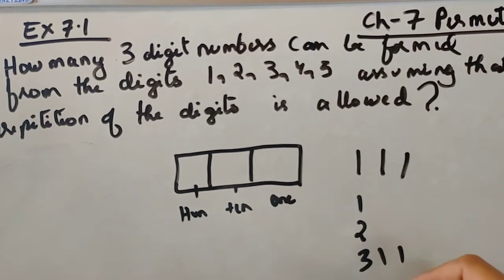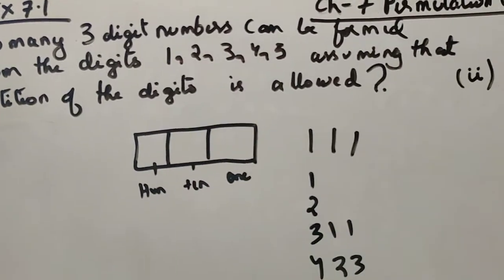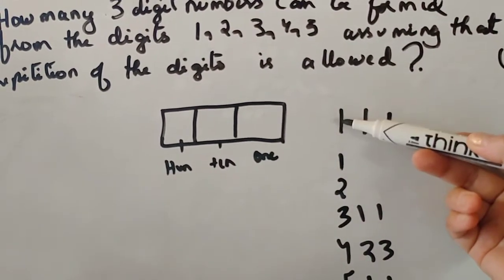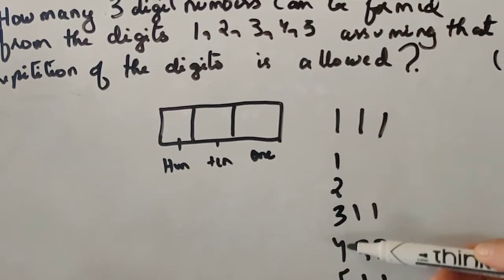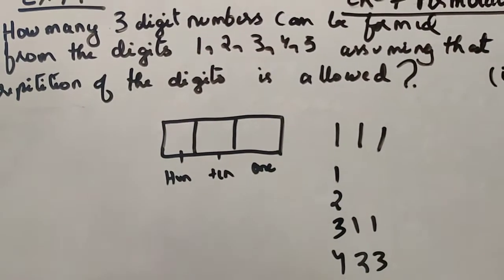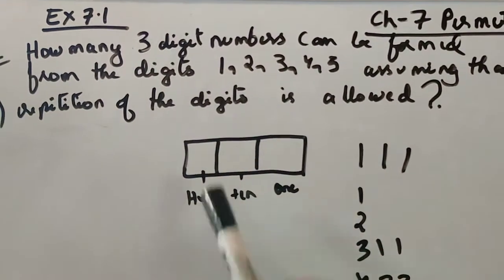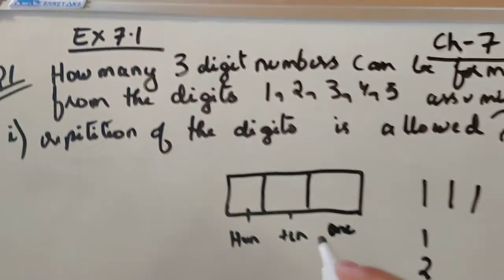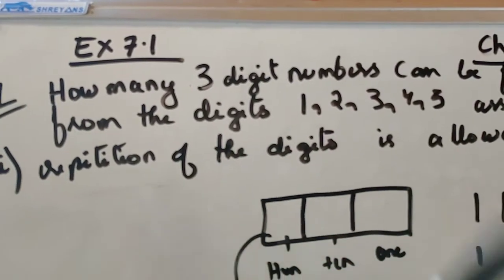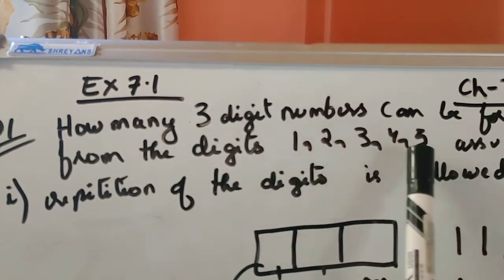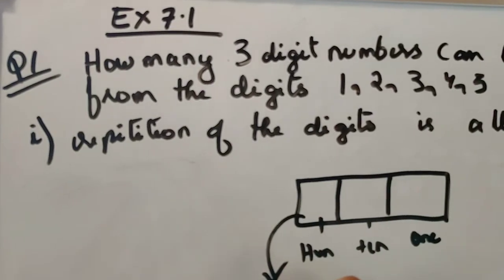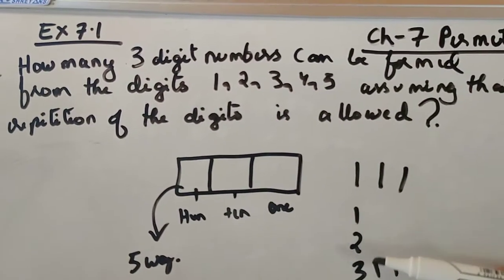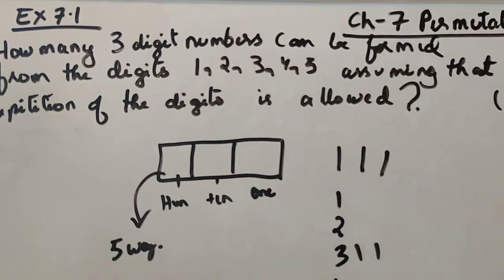Say 511, 423, like that. But in the 100's place, you can fill with 1, 2, 3, 4, 5. That means 5 ways you can fill with these numbers to form a 3-digit number. So in the 100's place, the number of ways will be 5. It can start with number 1 or 2 or 3, 4 or 5.